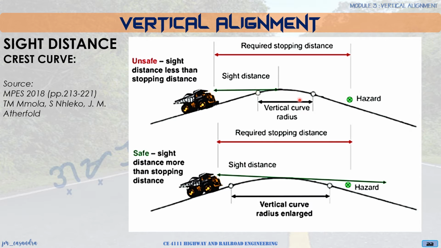So the vertical curve is lesser compared to a safe sight distance wherein we have a larger curve or radius is enlarged now to obtain a safe stopping distance. So with this greater curve or radius of a curve, then at this point you'll be able to see now the hazard on this way. Okay?